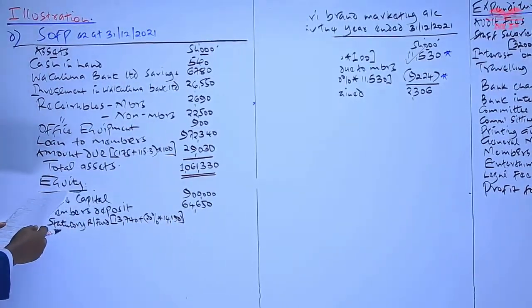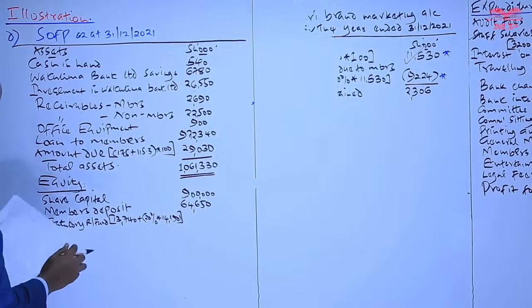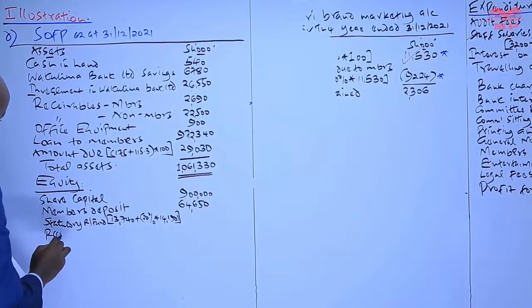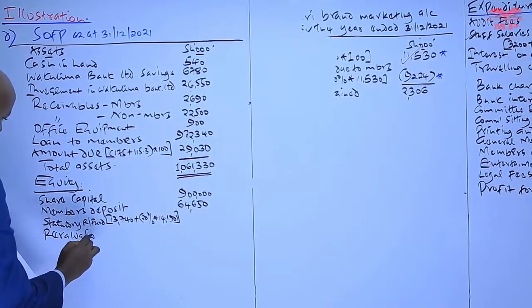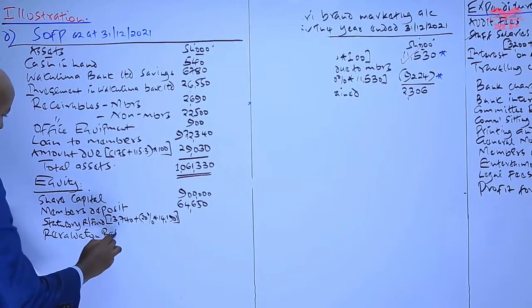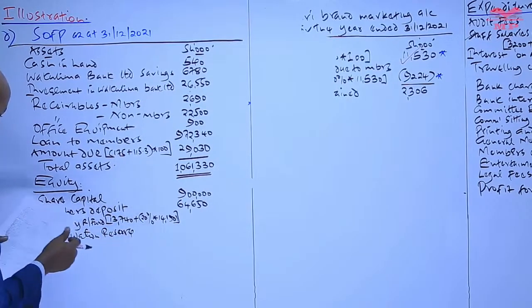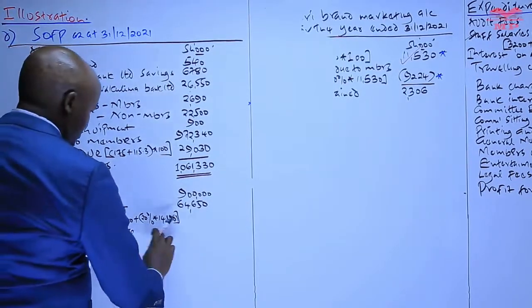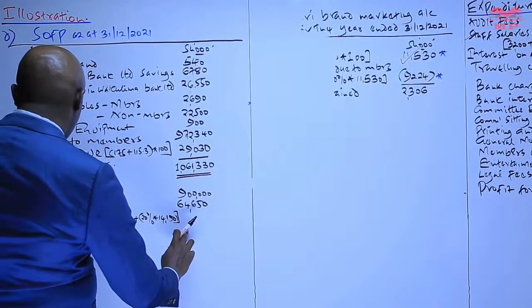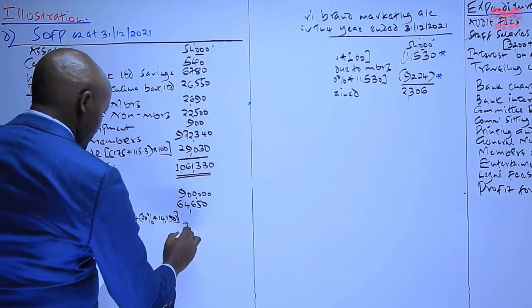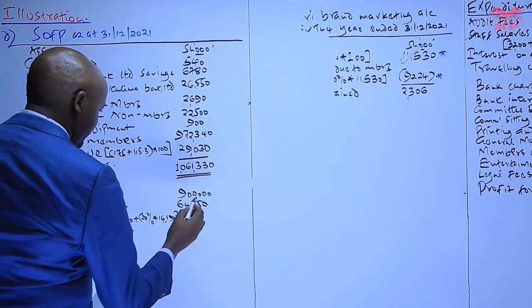So then below that, or basically above that, we have revaluation reserve. Revaluation reserve remains the same, which is a figure of 750. We are not going to compute that figure.